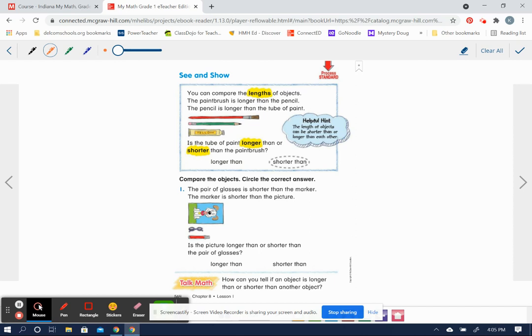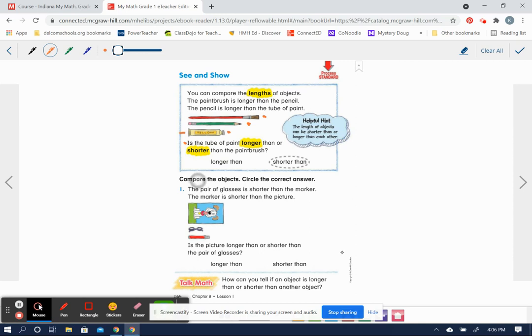And it says the paintbrush is longer than the pencil. So here is the paintbrush, and yes, it is longer than that pencil, isn't it? And then it also says that the pencil is longer than the tube of paint. That is true. The pencil is longer than the tube of paint. Now they're asking, is the tube of paint longer than or shorter than the paintbrush?